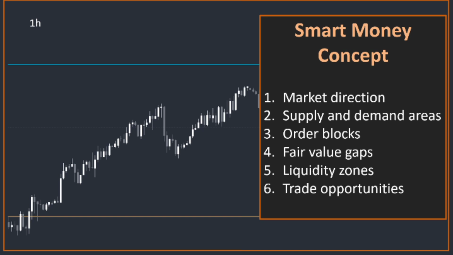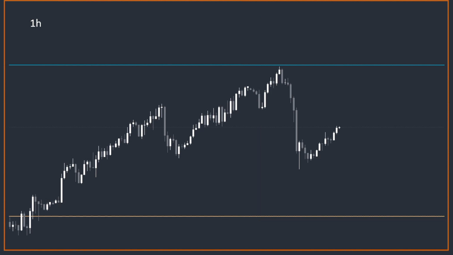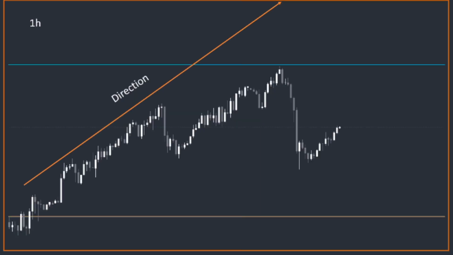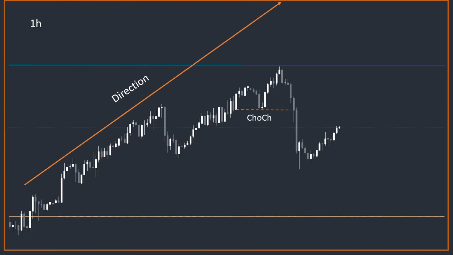All right, so currently we know that the market is bullish. Our current direction is uptrend. Okay, the market has been bullish, and from here we still have our change of character here and our order block, our 4 hours order block.